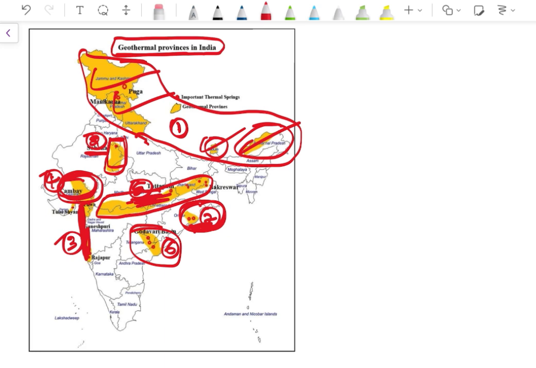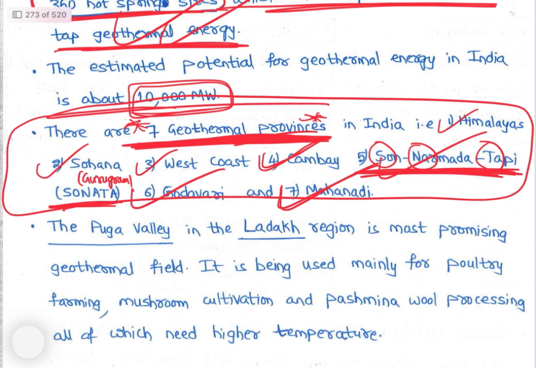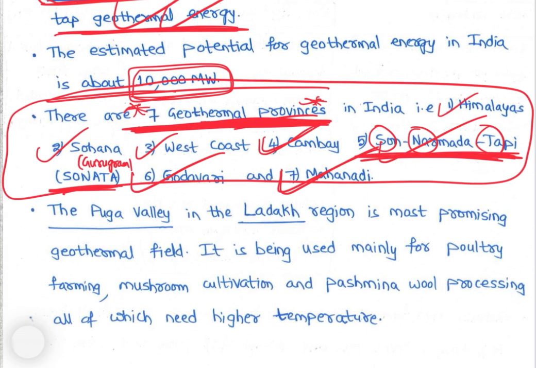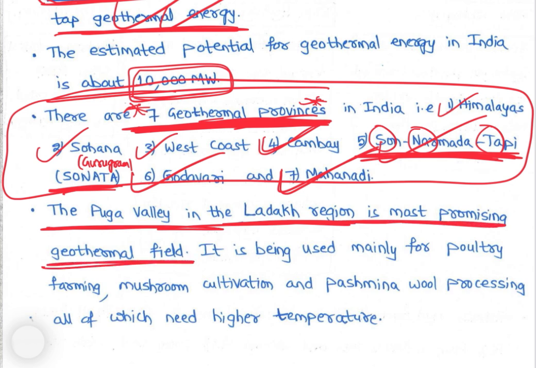So these are the 7 geothermal provinces of India, and the major one is Puga Valley of the Ladakh region. Ladakh region is very famous for geothermal. The Puga Valley in Ladakh is the most promising geothermal field.